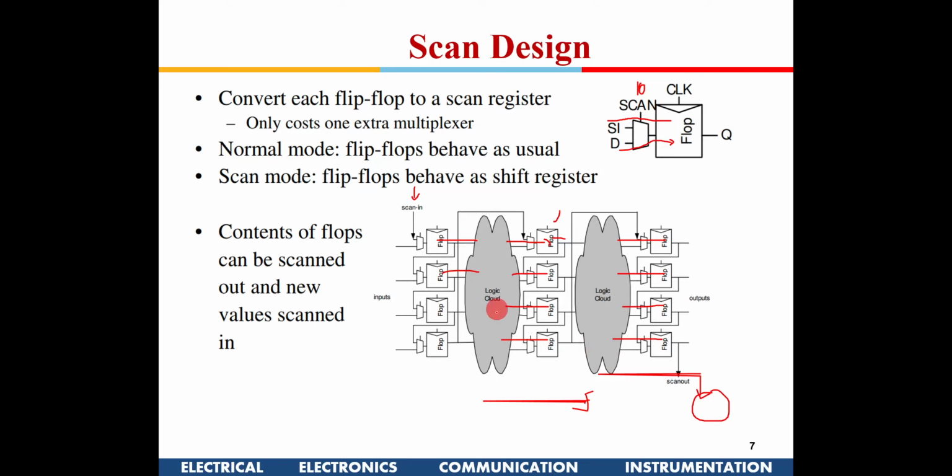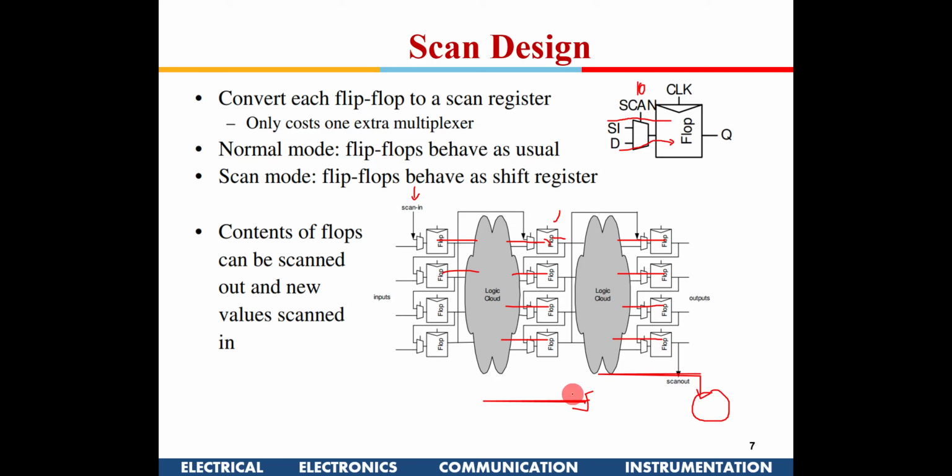It is just a pure combinational circuit. Although it is a sequential circuit because there are flip-flops involved, we are able to put data into those flip-flops through the scan data. So the problem statement has now become purely combinational, because initialization is no more a problem here. That is a great advantage.